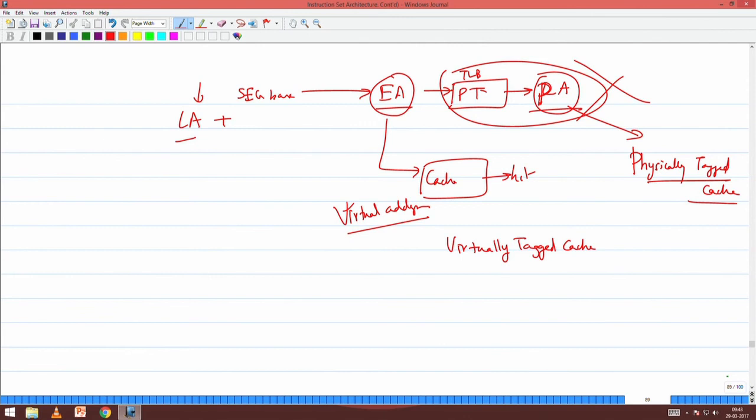One interesting thing I get when I use a virtually tagged cache is that I can start accessing the cache the moment I get my effective address. I need not wait for the page translation to happen.